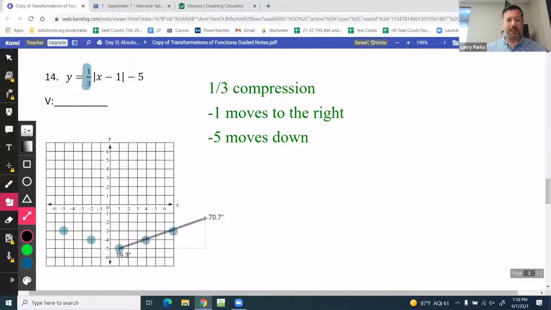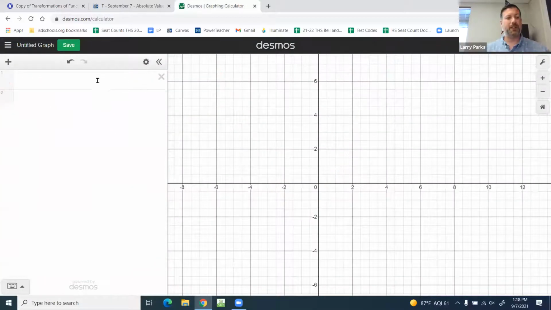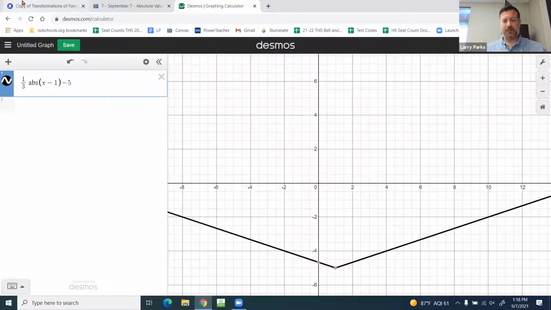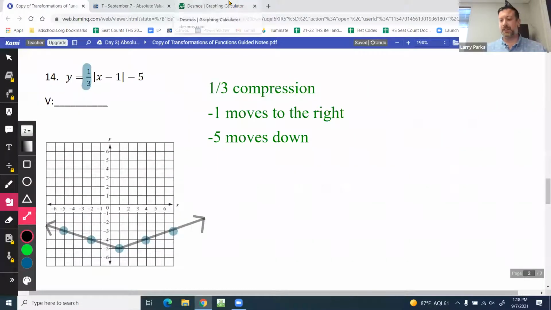This thing got pretty wide. And then over here. I have to check my work. Let me go type that in. 1/3 absolute value x minus 1 minus 5, especially being on a video. All right. Looky there, same thing.